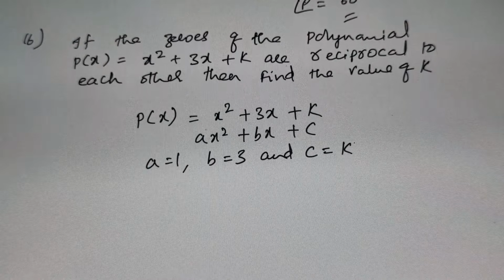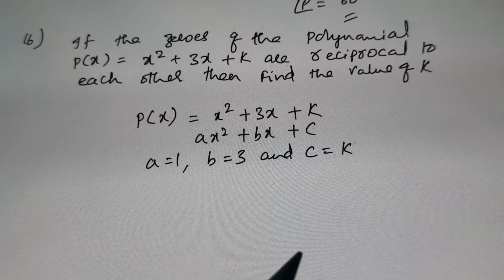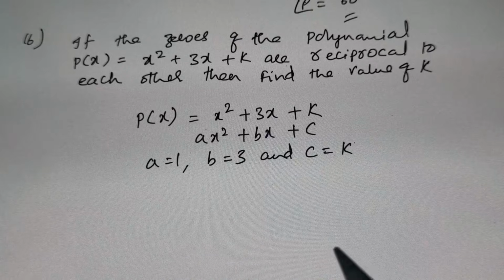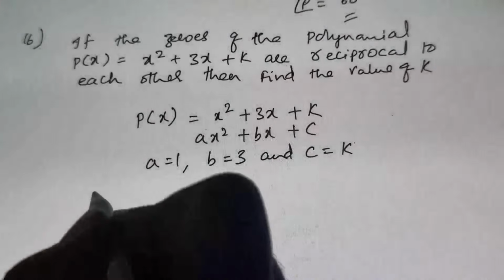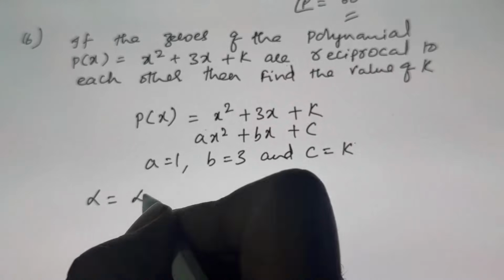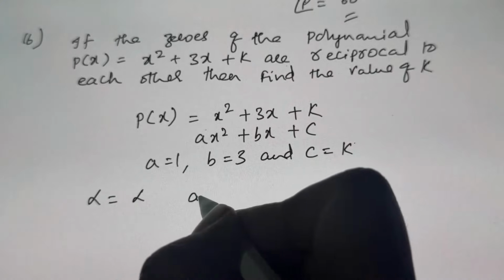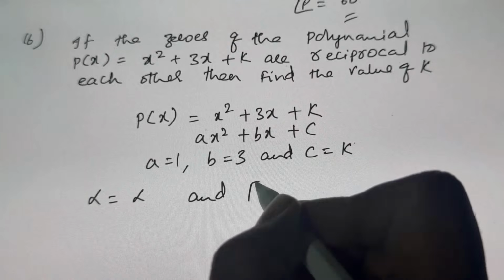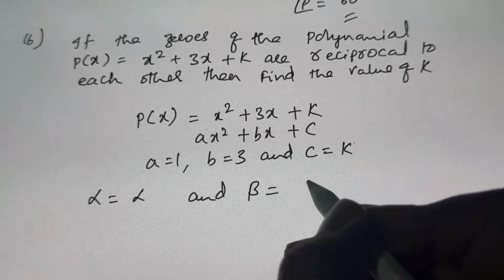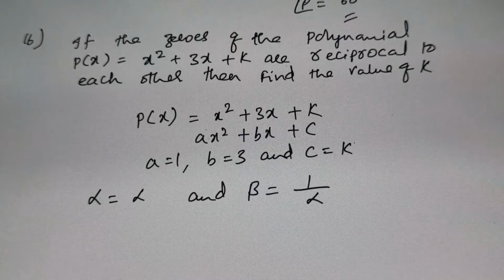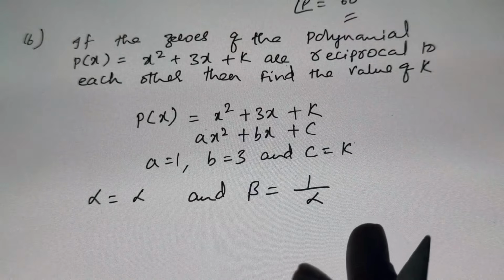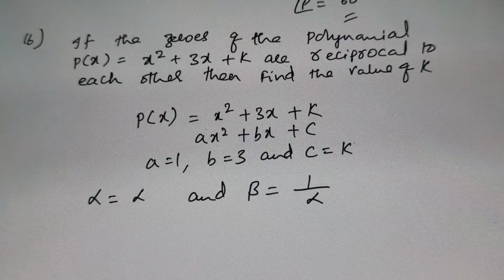As the given zeros are reciprocal to each other, let the first one be alpha and the second one be beta, which is the reciprocal of alpha, so that is 1 by alpha. Let alpha equals alpha and beta equals 1 by alpha.